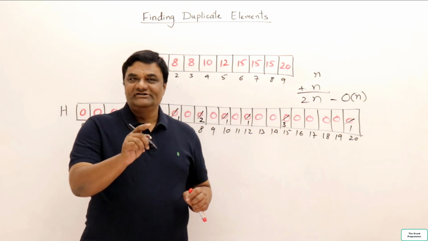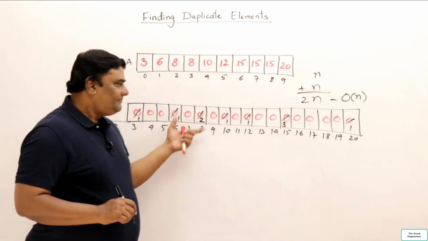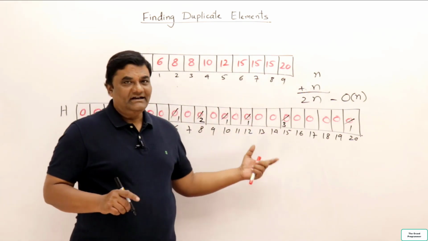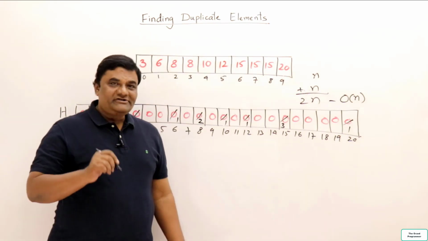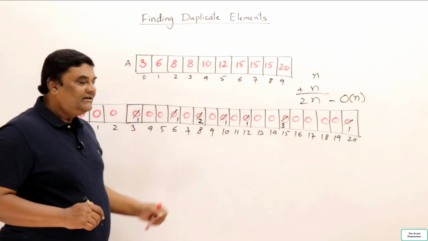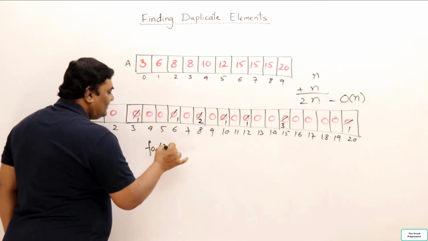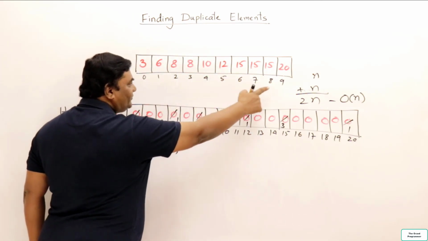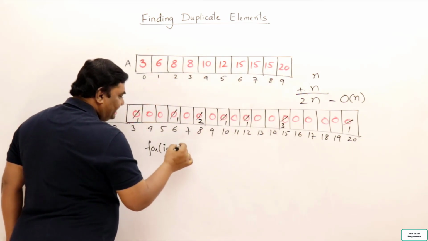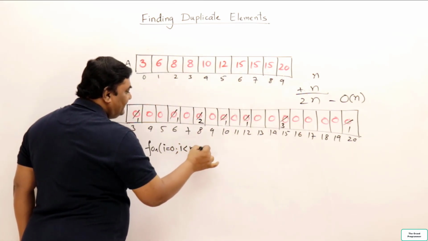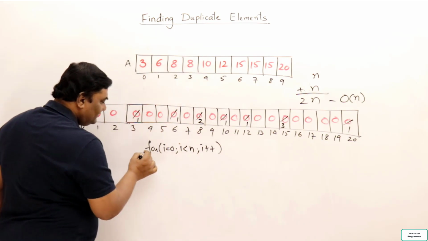Now I will write on the procedure and show you how we can mark these elements or count them and also display the result. So the procedure is I have to scan through this array. So for that I will take a for loop. For I assign 0, I should go till n, suppose number of elements are n, then I plus plus.